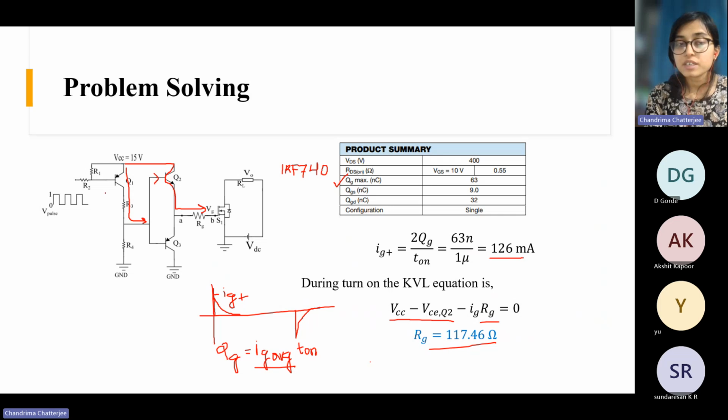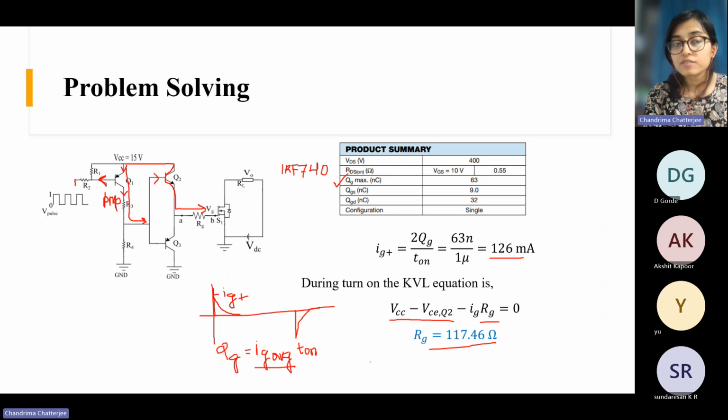This is a PNP BJT. For a PNP BJT, the base current direction is like this. The current comes like this, and then the emitter current gets divided between base current and collector current. So if the base current has to be there for Q1, then this point has to be low.